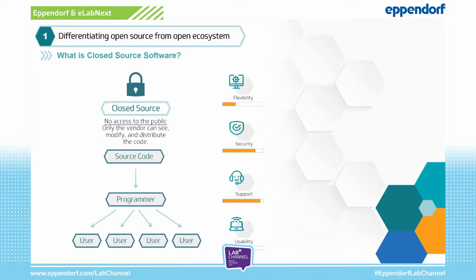In the diagram here on the screen, we see how a closed source software works. Closed source code already says it in the name. The source code is not available to the public, which means that only the programmers of the software can interact with the source code.